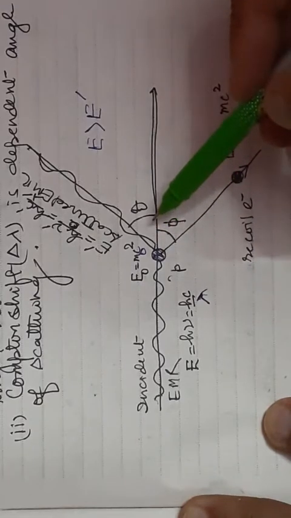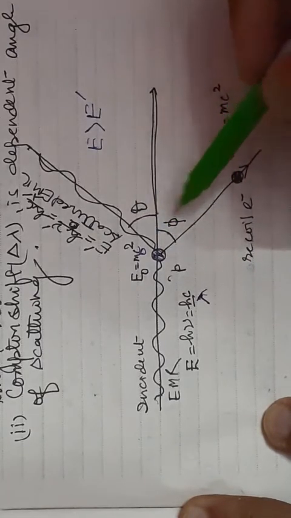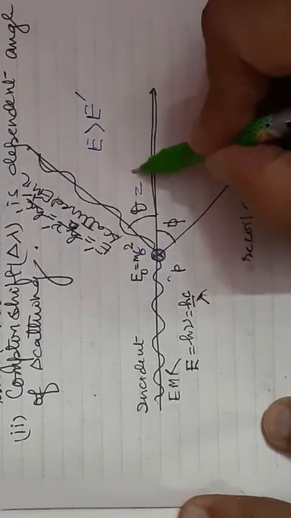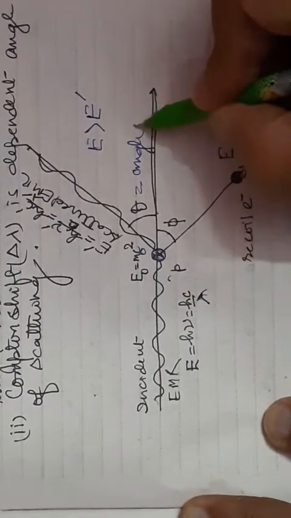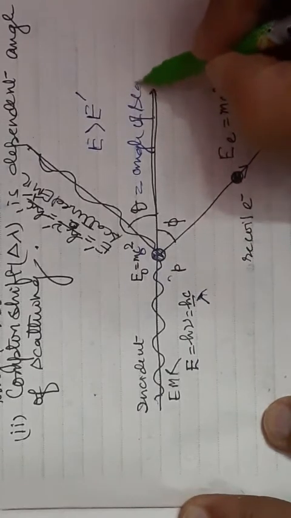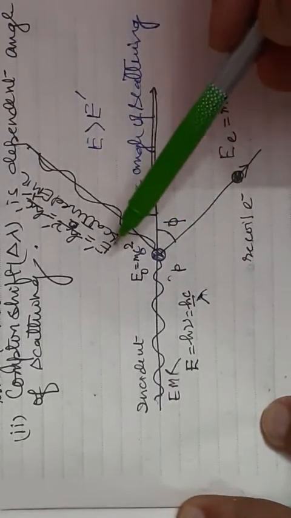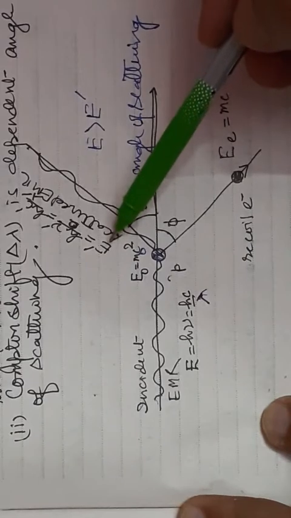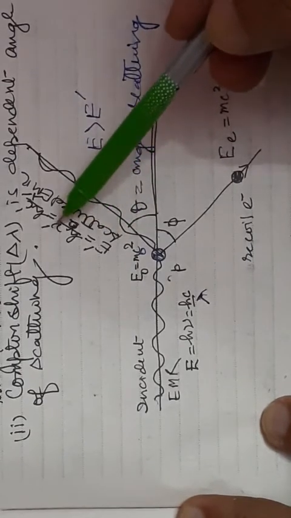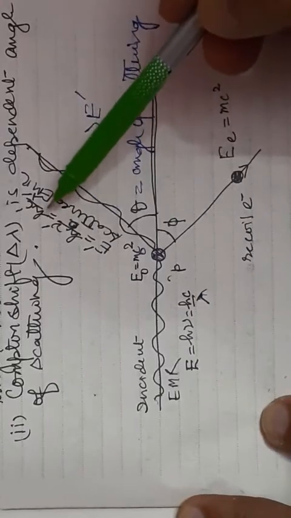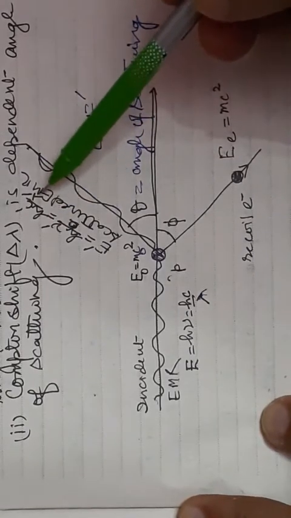So E is greater than E dash, in a particular direction theta, that is called angle of scattering. So the energy of scattered radiation is E dash, that is h nu dash, which is hc upon lambda dash.